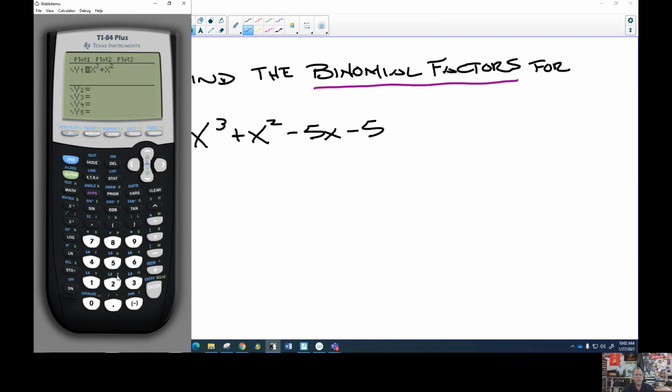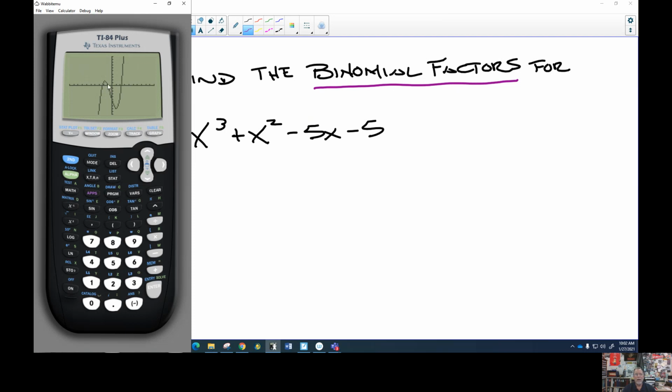Again, you could try factoring this, and we might be able to do grouping here, but I think it's easier just to look at the graph first and see if I see anything obvious. So let's do zoom 6 and see what we get here.